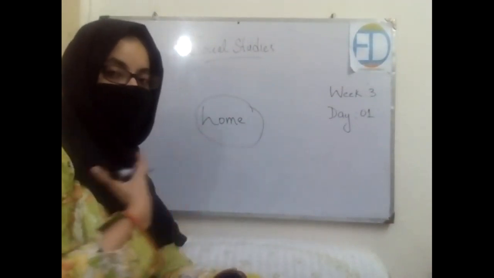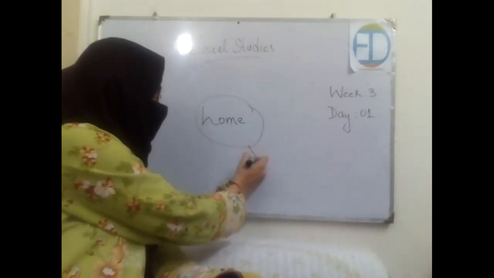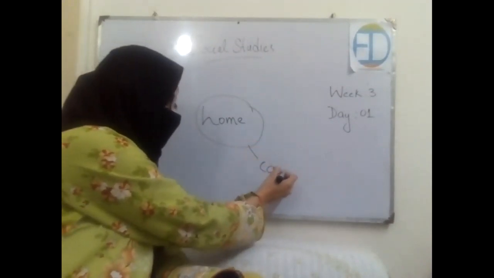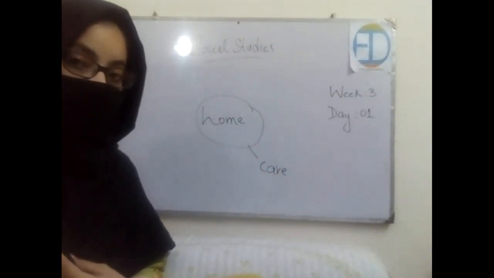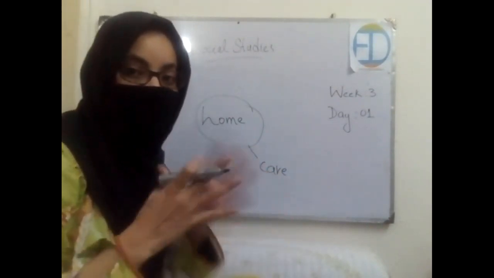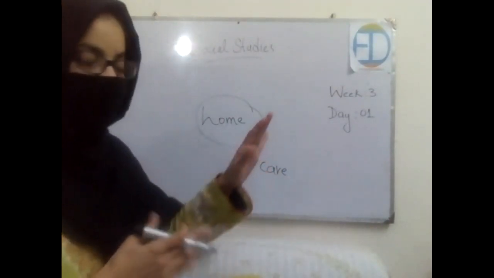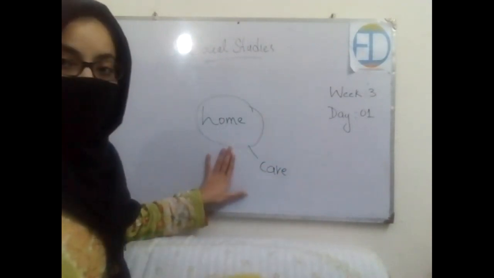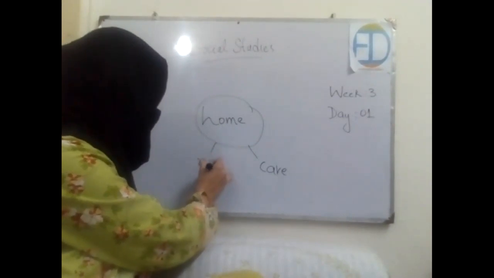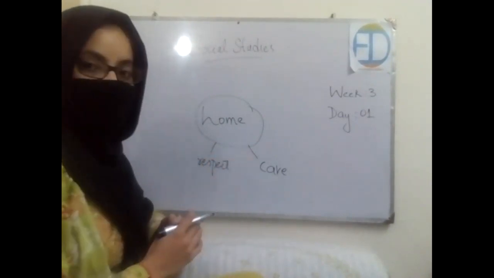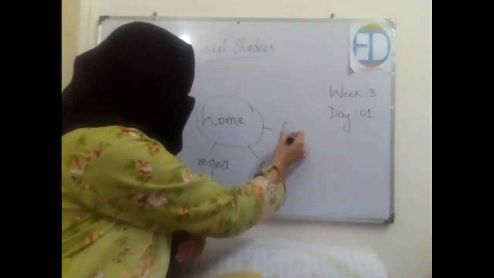Okay, if I look at this word, the first thing that comes to my mind is care, right? Now there can be anything which comes to your mind. You can have different feelings with it, and you need to tell me that. Okay, tell me what other things come to your mind. Okay, yes, it is respect. What else? We talked about freedom.